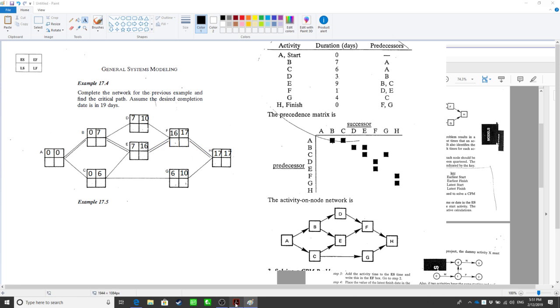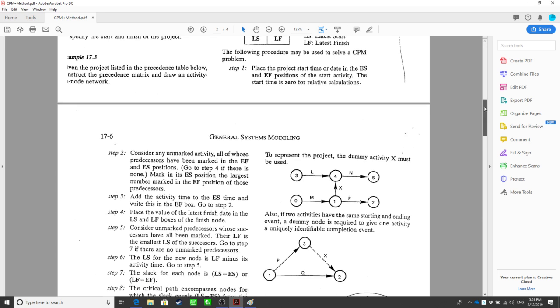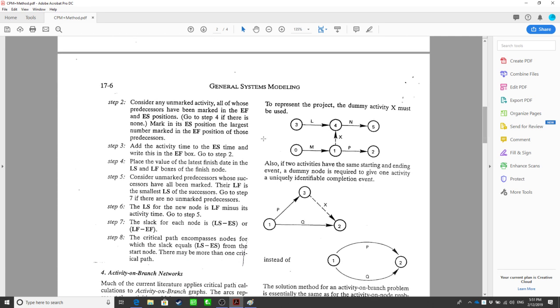So then for the next step, we still need to figure out the LS and the LF, latest time. Okay, so let's finish steps 4 and 5. Steps 2 and 3 are for the ES and EF. 4 and 5, let's see. So place the value of the latest finish date in the LS and LF boxes on the finish node.